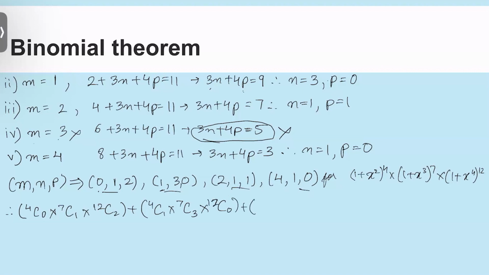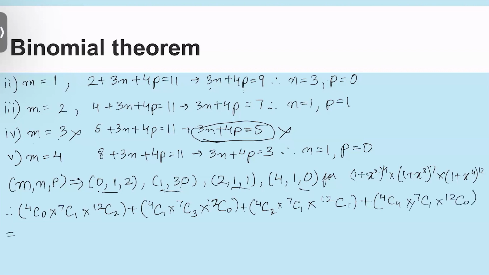Then you have plus 4C2 multiplied by 7C1 multiplied by 12C1. And then the last one, you have 4C4 multiplied by 7C1 multiplied by 12C0.